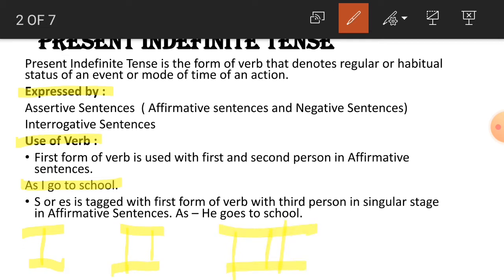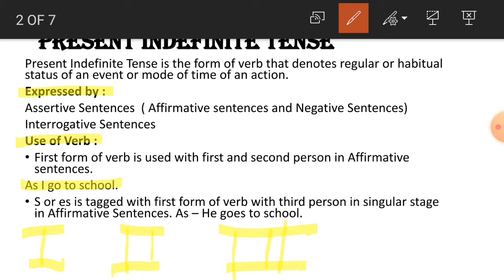In first person, as a subject, you can consider I and we. As a subject in second person, you, and in third person, he, she, it, they, and any name. Students, in this way we can know about the situation of the sentences.